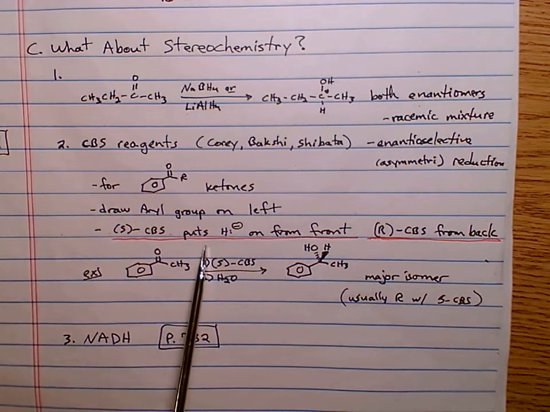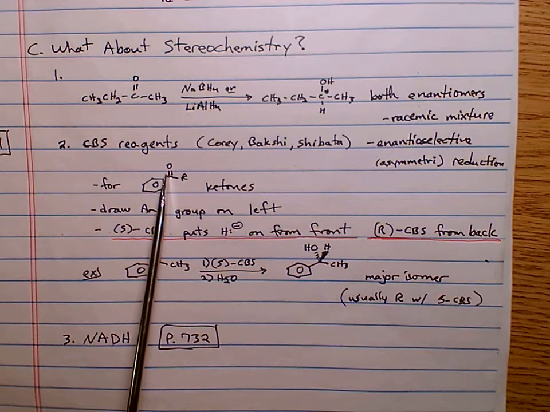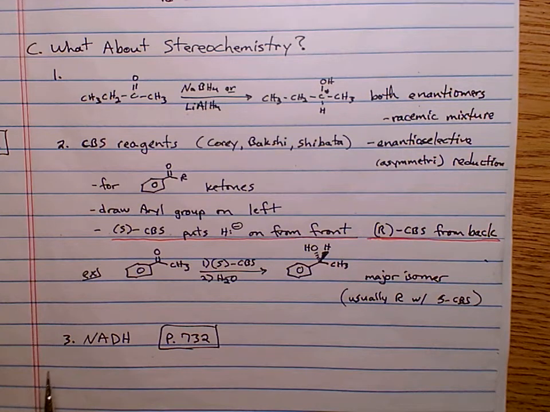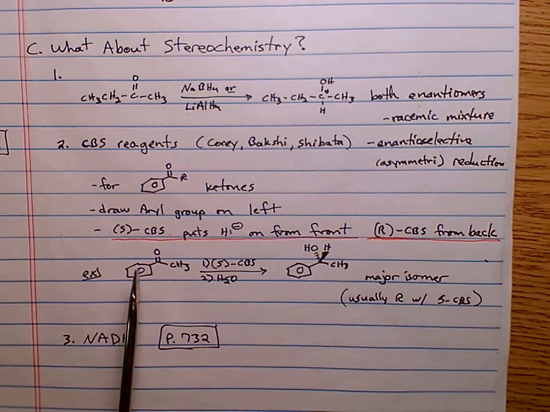They put in the S chiral catalyst, it'll put H minus from the front here to make one of the enantiomers. Use the R CBS reagent, it will bring on that hydrogen from the back to make the other enantiomer, and usually in really, really good concentrations.